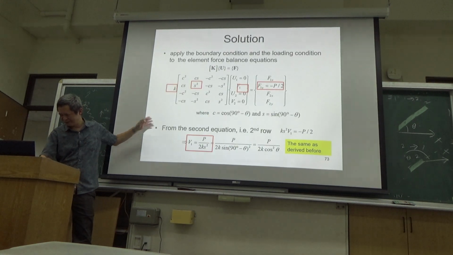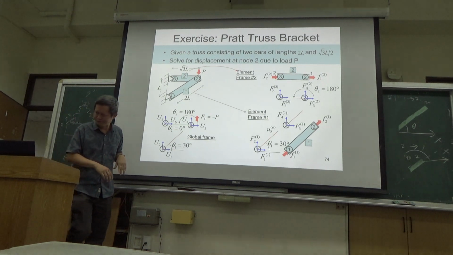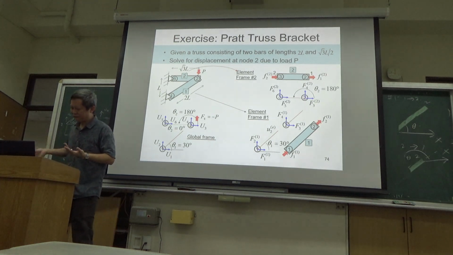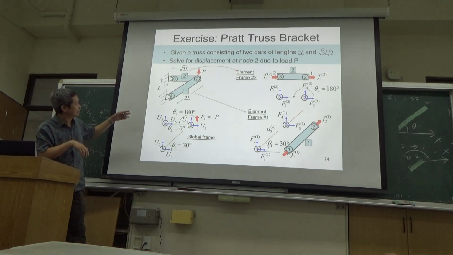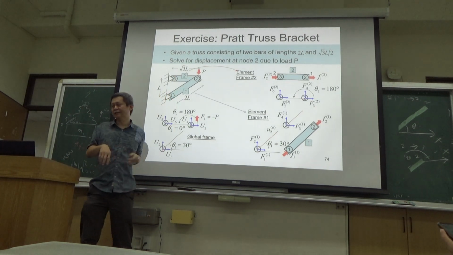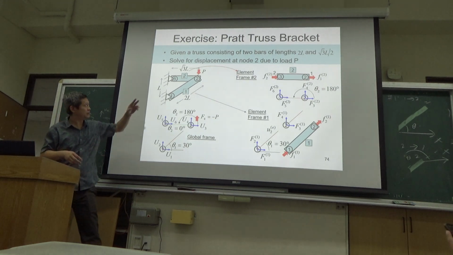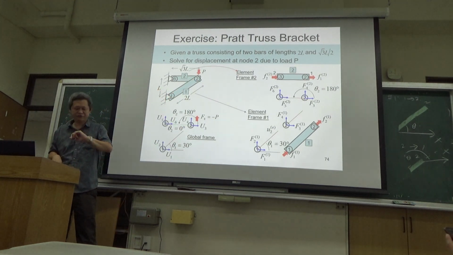And then next we have the validator. Next we come to the real problem. We have one of the simplest brackets to be solved. In this case, this bracket has one truss, two trusses, and it is to support a vertical force.